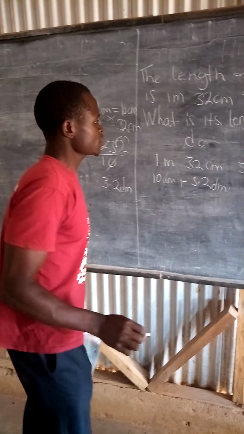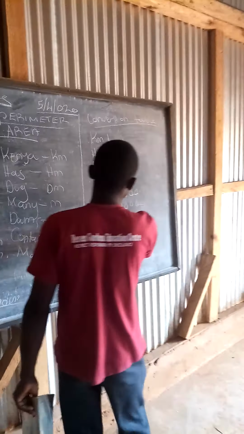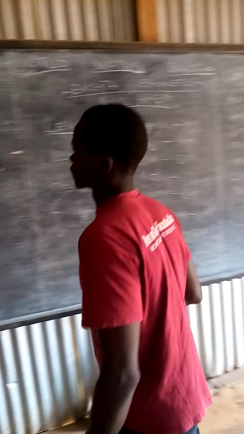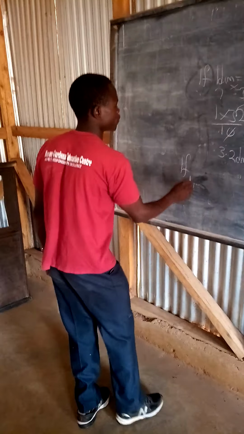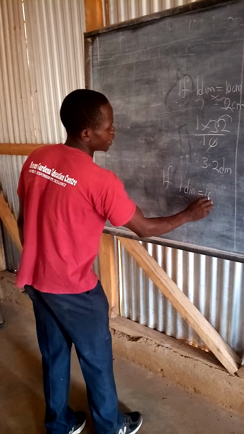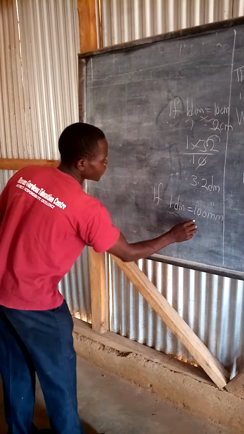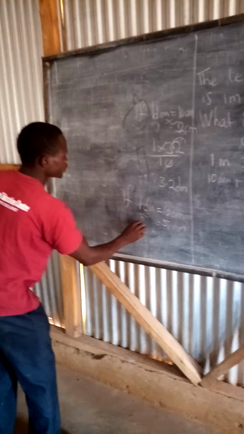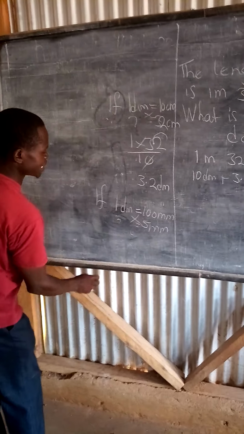Come to millimeters. If 1 decimeter is equivalent to 100 millimeters, what about 5 millimeters? 5 millimeters will give us how many decimeters? We cross multiply again.